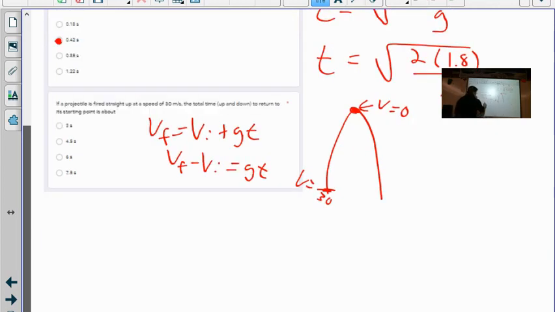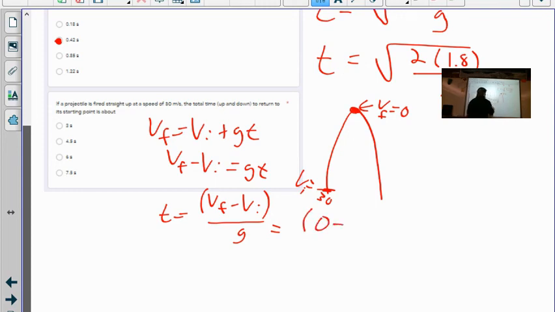I'm solving for T, so I'm going to have T equals VF minus VI divided by G. If I call this my initial velocity and this my final velocity, then my final velocity is 0. So 0 minus its initial velocity of 30, divided by G, which is 10.